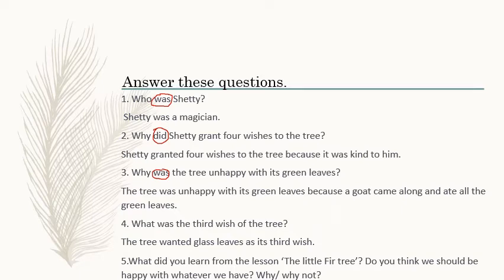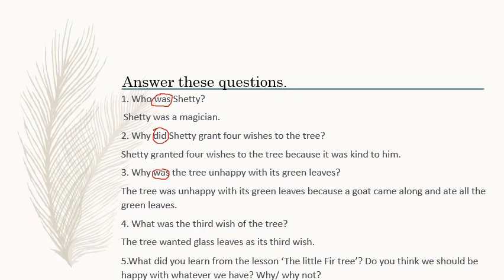Well, after reading this particular lesson, we learn that we should be happy with whatever we have. As we can see in this story, we can give some examples from it. The little fir tree in the beginning wished for many things: green leaves, then gold leaves, then glass leaves, but at the end it wanted its things back again.